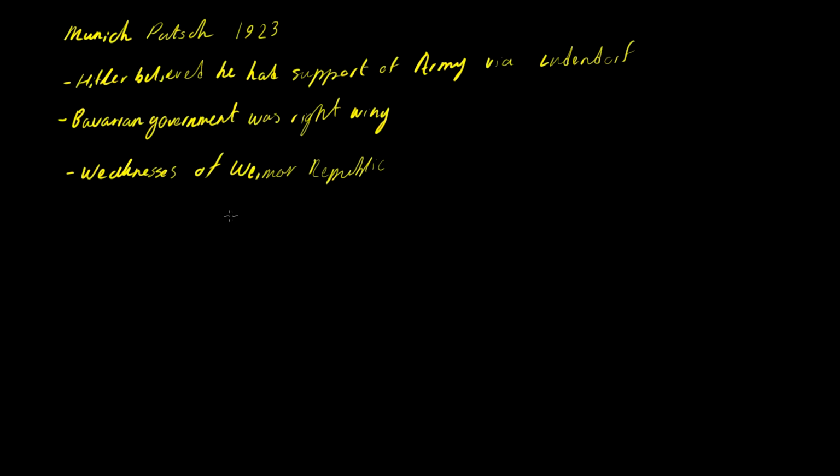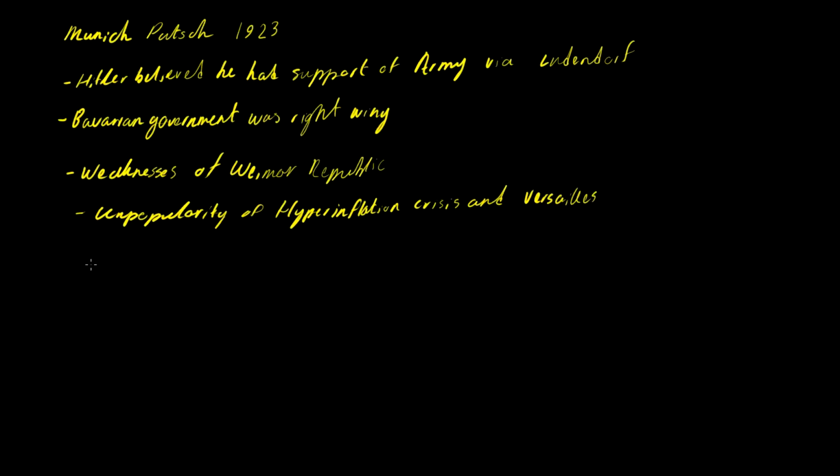So the military restrictions, reparations, the lost colonies, the war guilt, the territorial changes. Because of the unpopularity of these things, this demonstrated the weakness of the Weimar Republic, which is one of the reasons why Hitler believed his Munich putsch would have the support of the people and the army. He thought it would be successful.